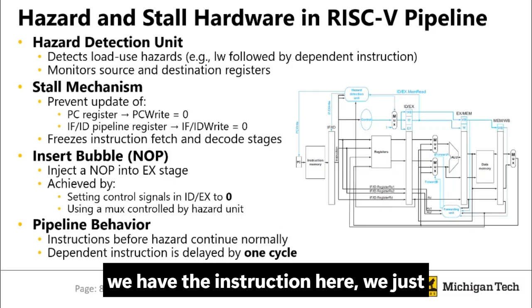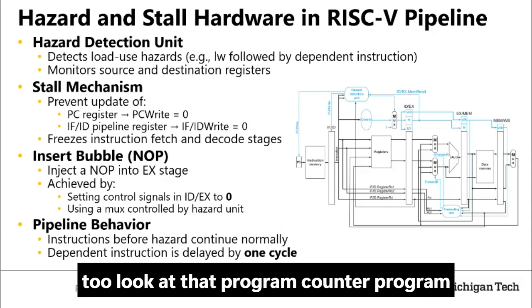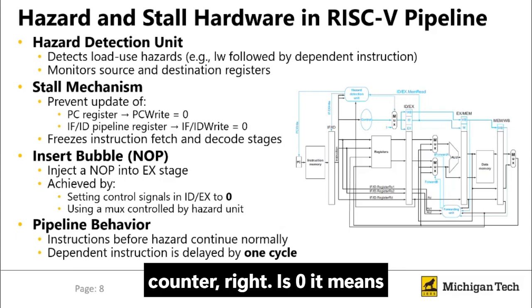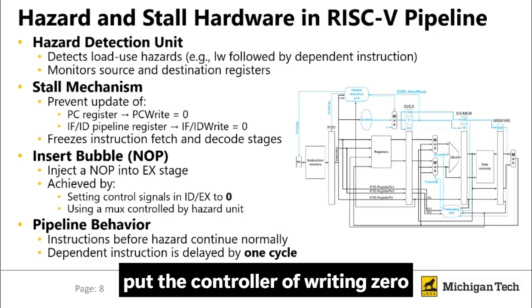We just make everything zero, and here too, look at that program counter. Program counter write is zero. It means it stays the same. The program counter is not changing because we put the controller of writing to zero, so nobody can write on that.